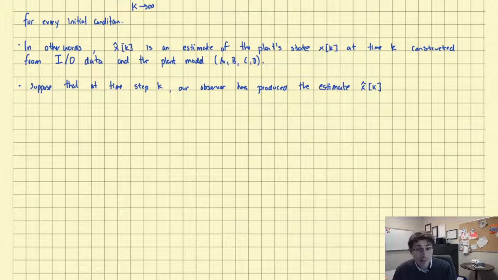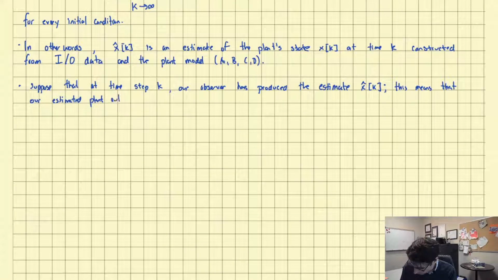Well, if we're estimating the state to be x hat of k, that means that our estimated plant output is, let's call it y hat.